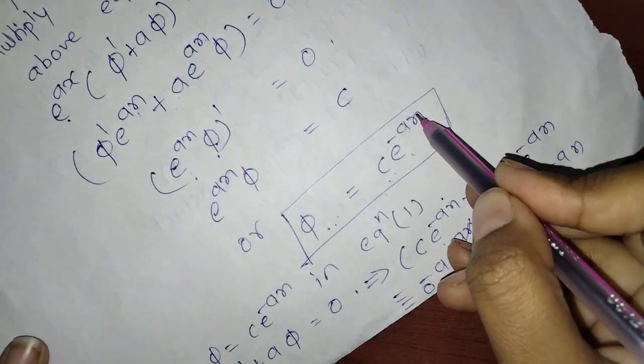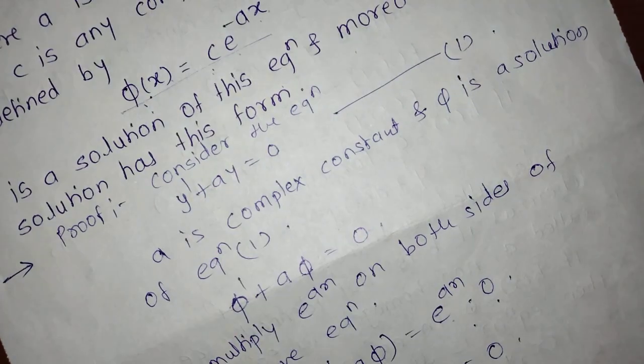So phi = c e^(-ax) is the solution of this equation.